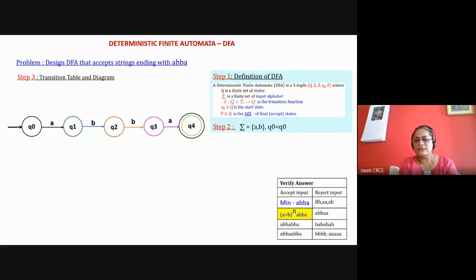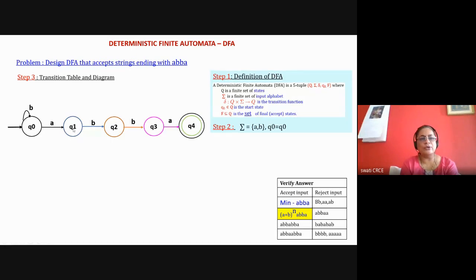Correct, it is Q0. It will not go to the dead state because B is allowed. Before A double B A, anything can be there. So I'll say that with B, it will remain in the same state. Now my state Q0 is done. Both the transitions are there.